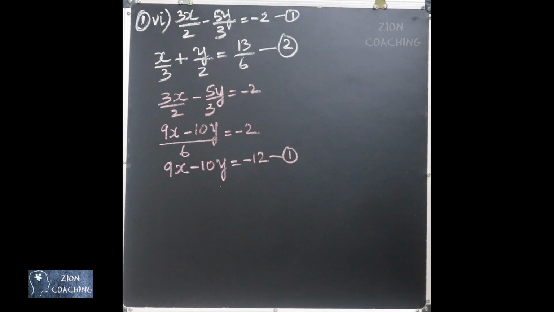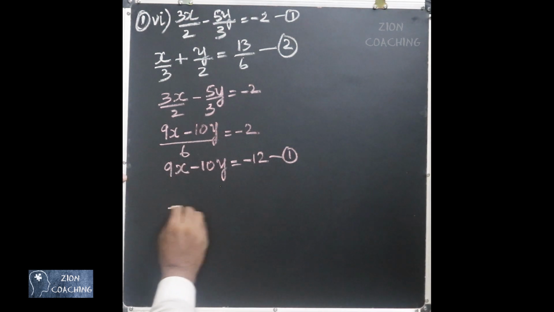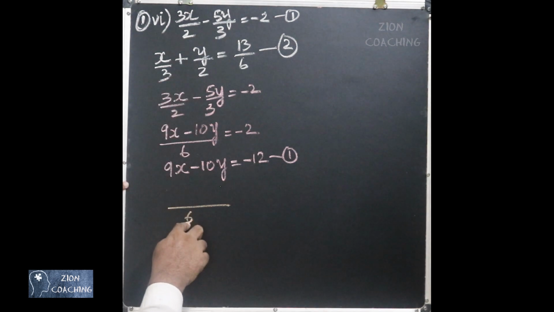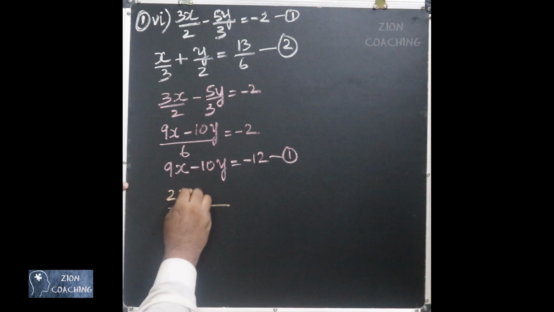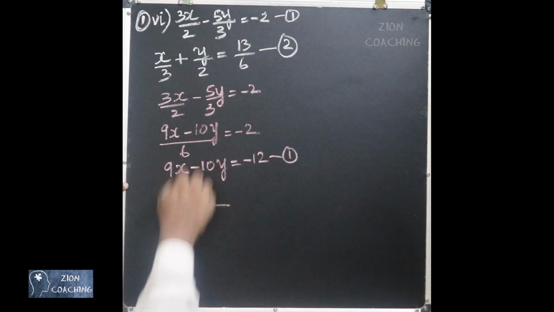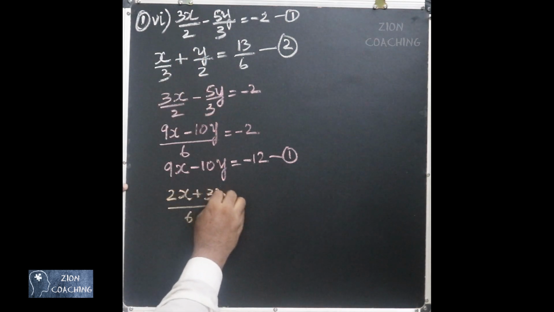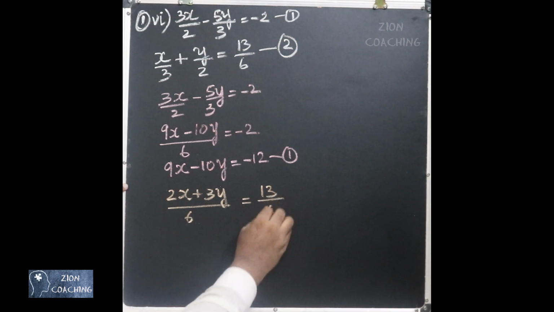Similarly we will do that for the second equation also. We have, directly we will take LCM. So 3 into 2 is 6. Multiply the numerator also by 2. So we will have 2x plus 2 into 3 is 6. Multiply numerator also by 3. Then we will have 3y equal to 13 by 6.